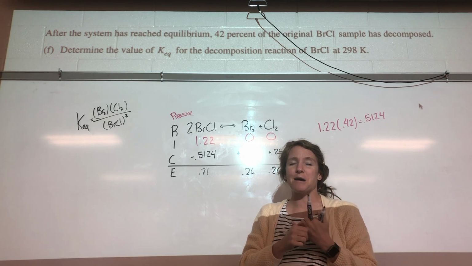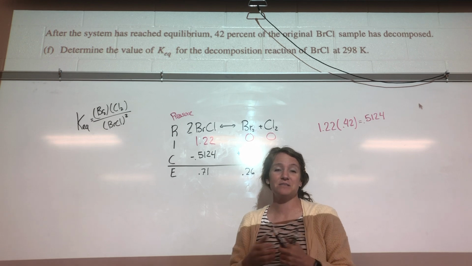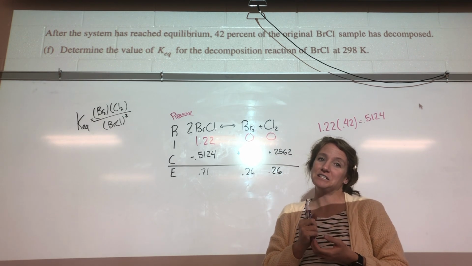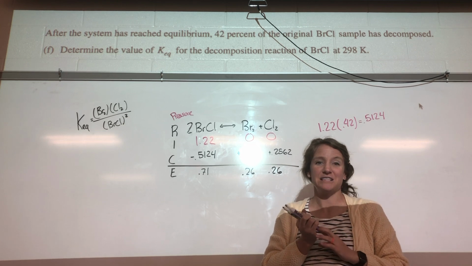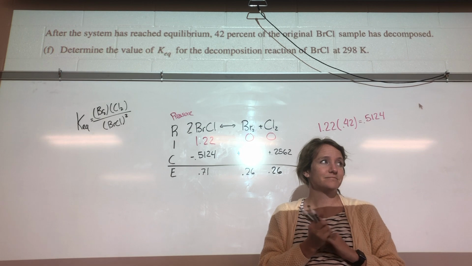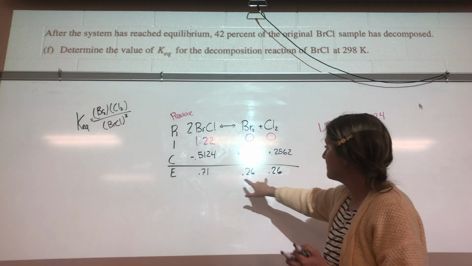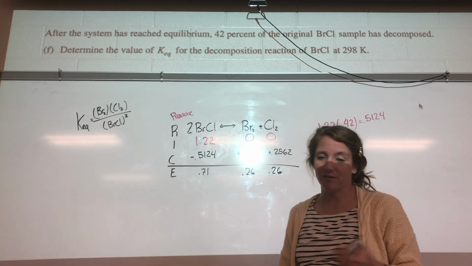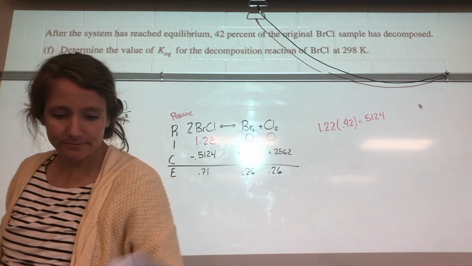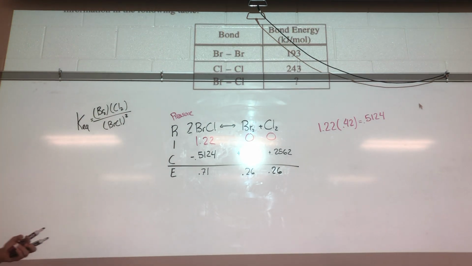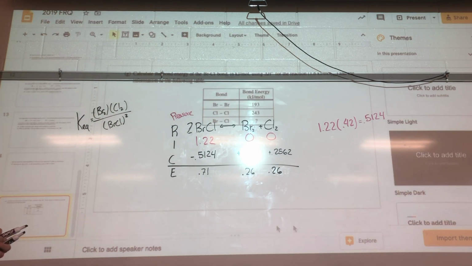Honestly, the other way around is actually more common with acids and bases, which is now not on this year's test. So generally speaking, don't think of using X's with ICE charts, because you won't really use them. Then we just take these values, plug them in, and that's how you get your K value. And it looks like there's one more in this problem. Let me bring that down again.